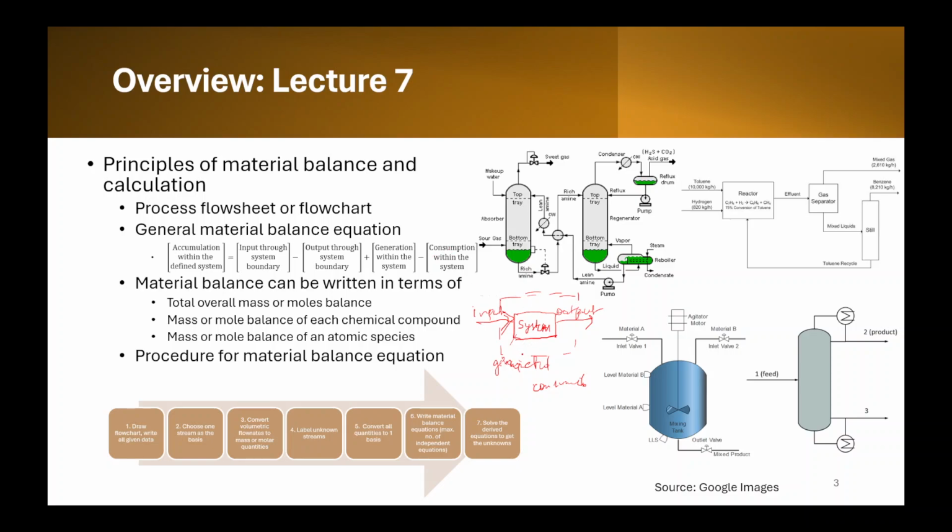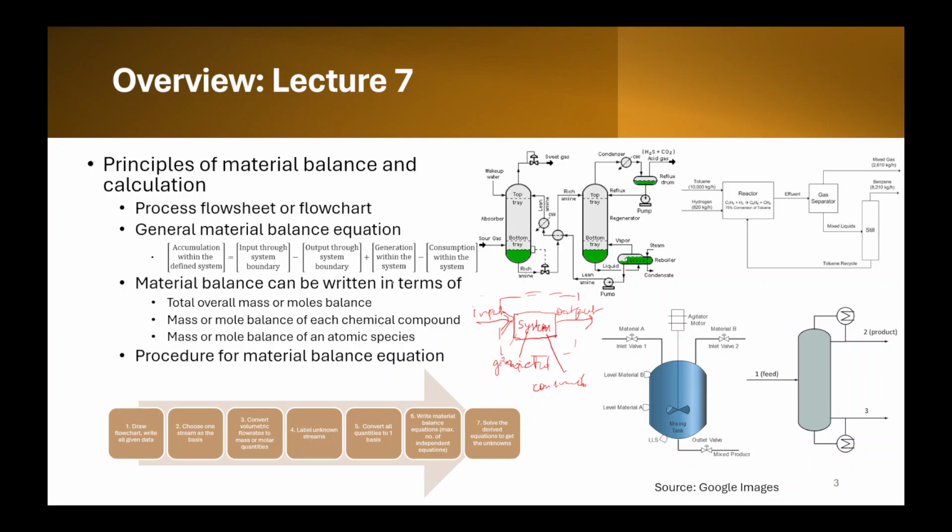Why output and consumption have negative signs before them is because something is coming out of the system or something is getting reduced in quantity. That's why these are negative signs. And if something is getting generated or produced or coming into the system, it has a positive sign.